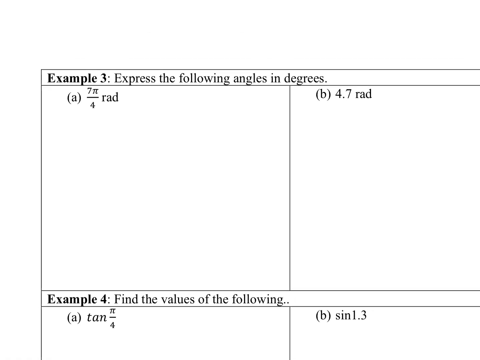Okay, next one. Now I want to change to degrees. So the opposite, this just now we say is 7/4 pi. It's the same thing, right? And I know that pi is 180 degree.